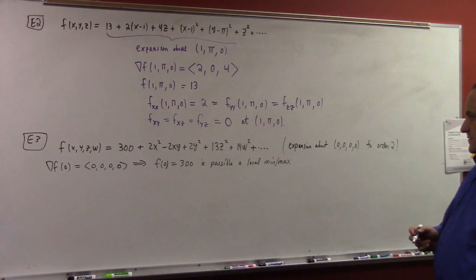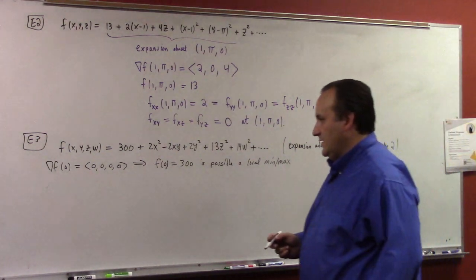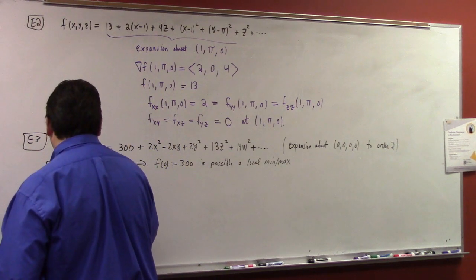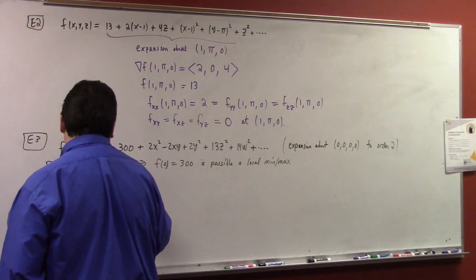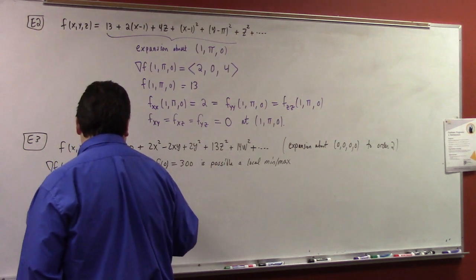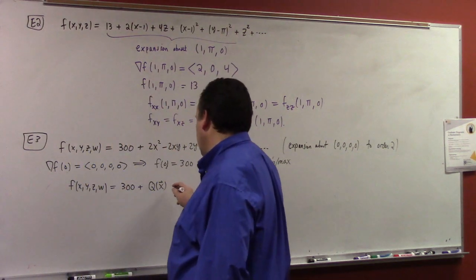So then, what's the story? You look at it, and what we've got is f of x, y, z, w equal to 300 plus a quadratic form in the x vector, plus dot dot dot.